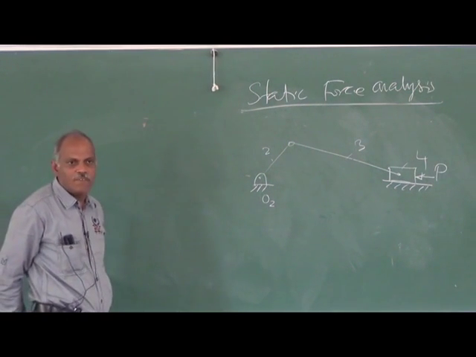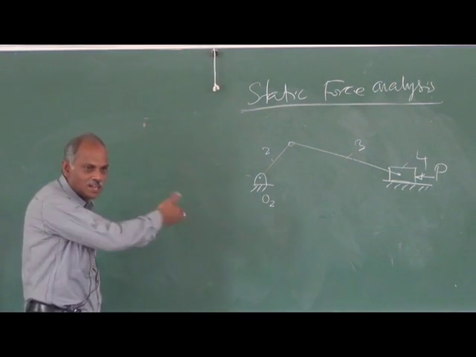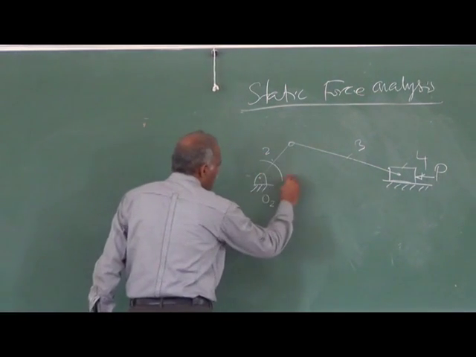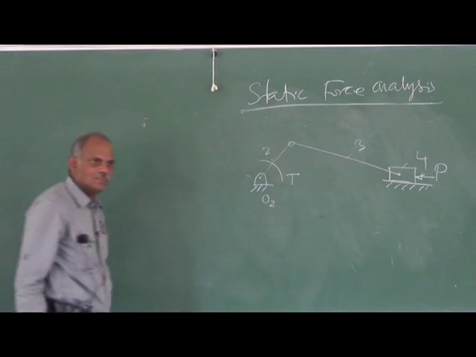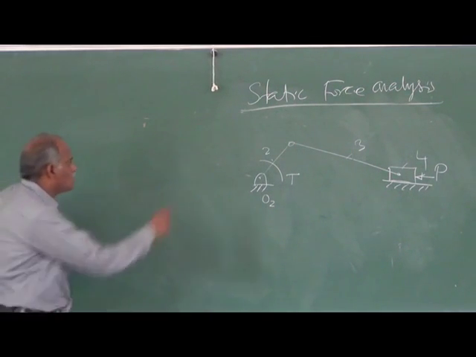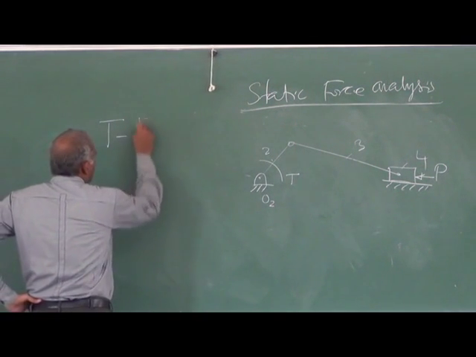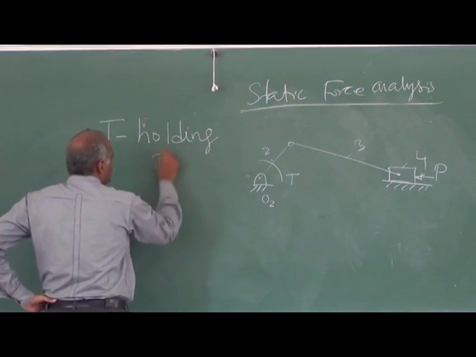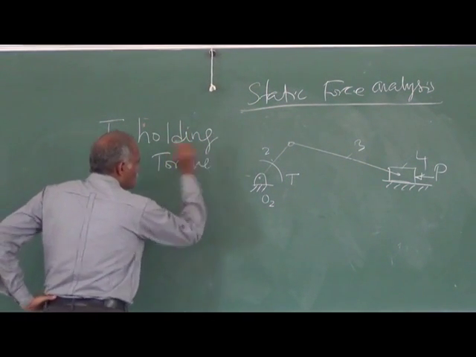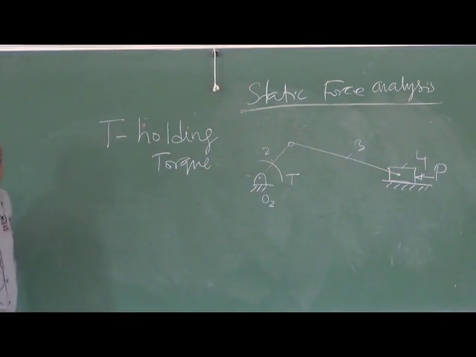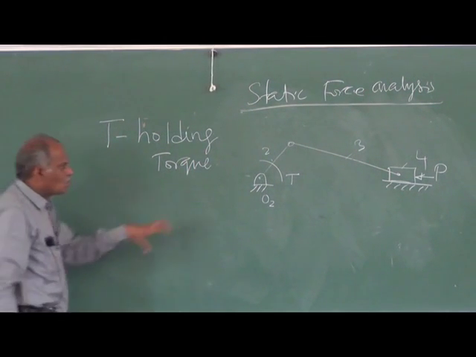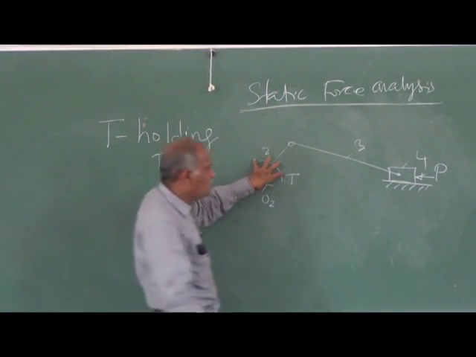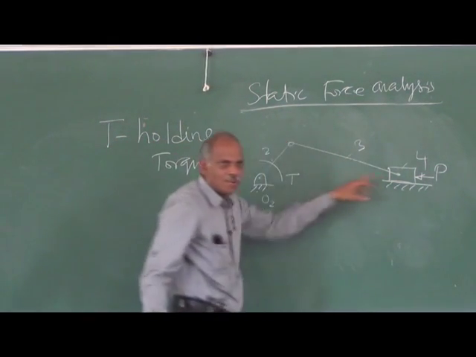That is possible only if you apply an external force to hold it. So we will apply a torque T. The torque T is called holding torque. If you apply the torque T here, this will resist the force P which is applied on the slider.